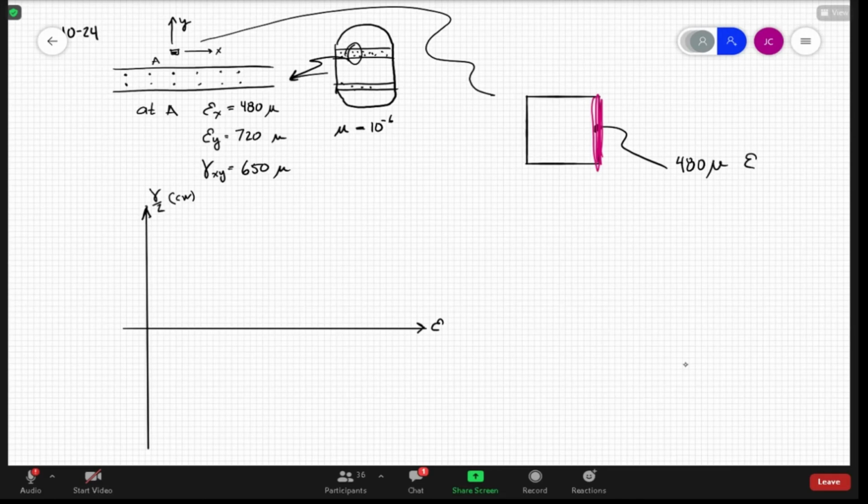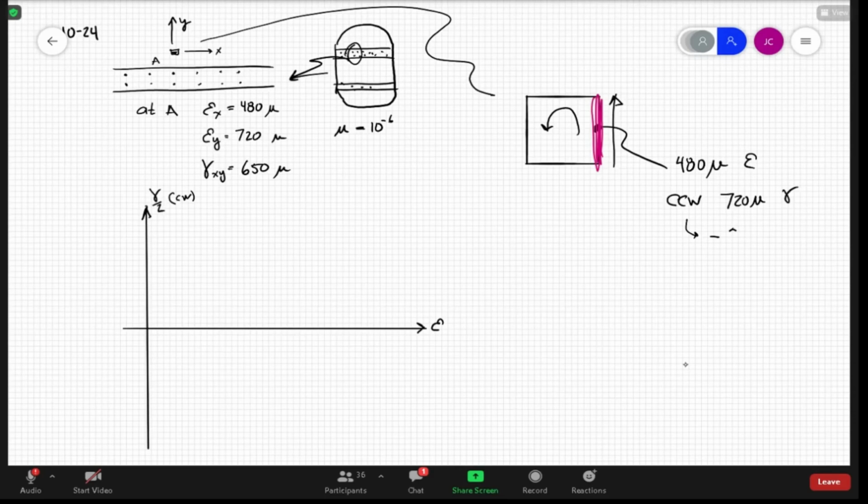And then the shear strain is a positive 650. So positive shear strain is going to shear this in the up direction, right? So that's going to want to rotate this in a counterclockwise manner. So it's going to be counterclockwise.